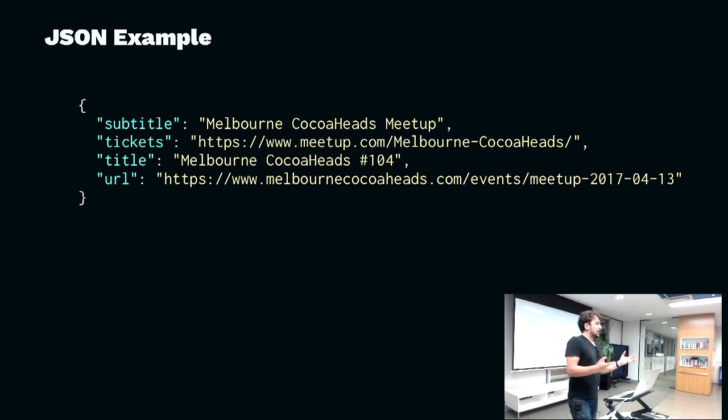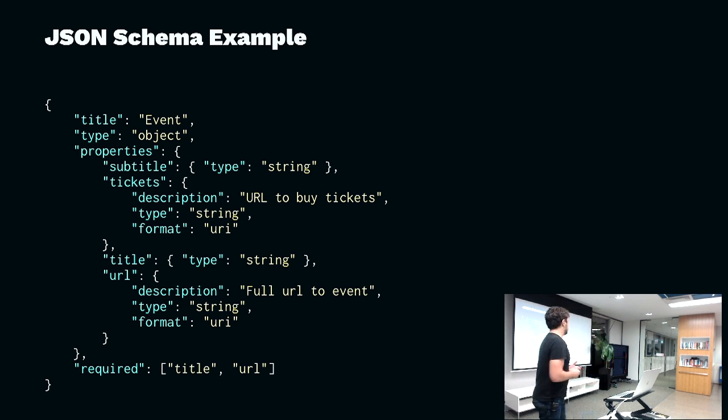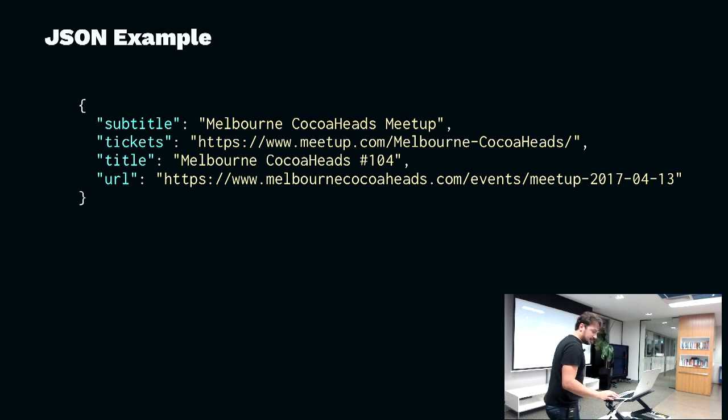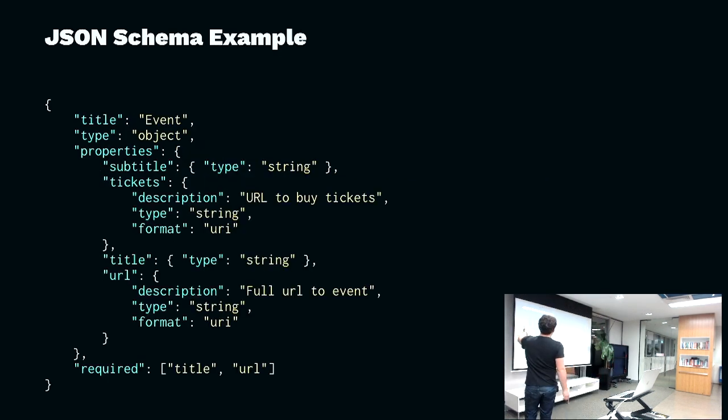The question is, how do we describe this in a way that we could potentially validate or test or even document? What are those fields? They're not just strings, key values; there's more to them. That's what JSON schema aims to create, a format around that. So this would be the JSON schema for this object here, and you can see that the title of this object is event.